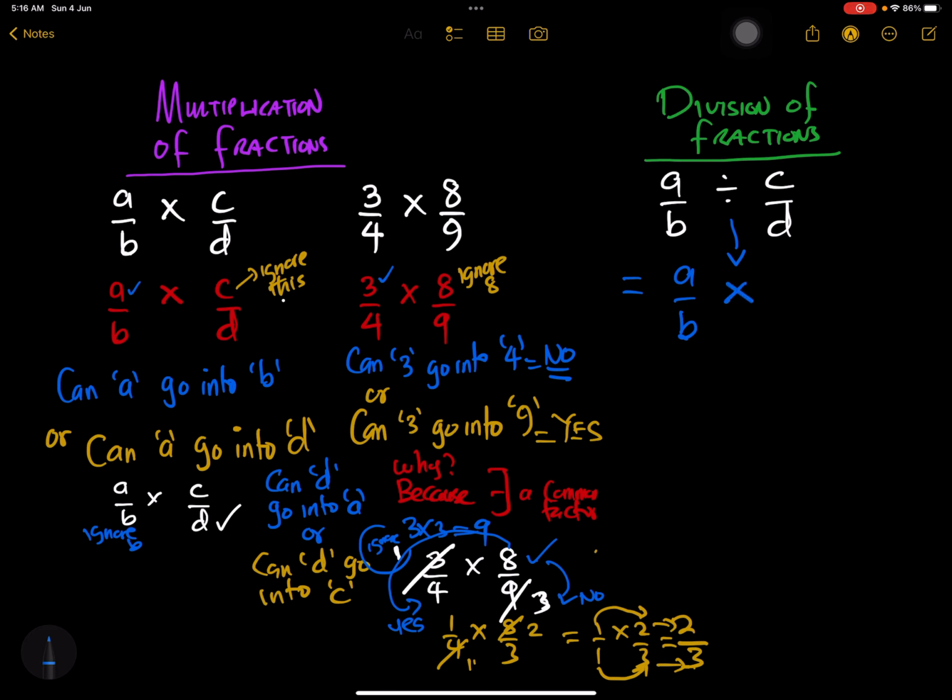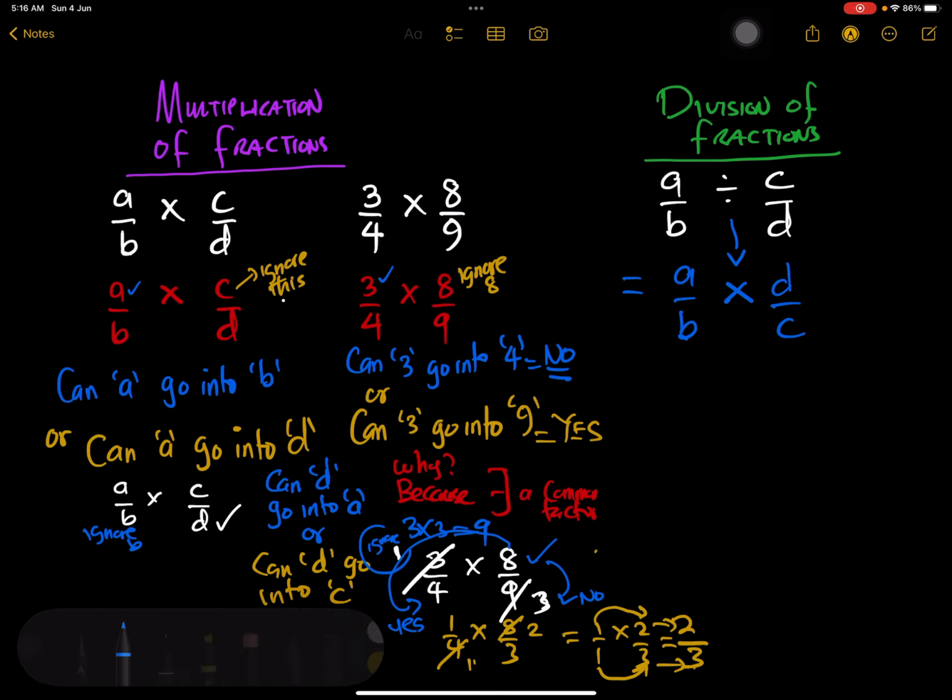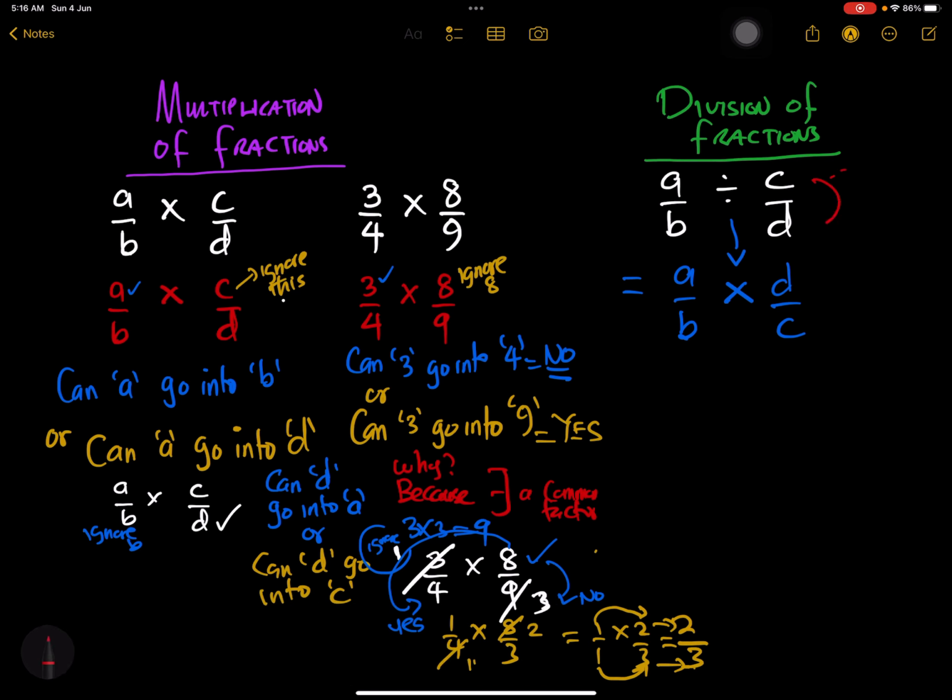The moment we do that, we turn the next fraction upside down. So we're going to get d over c. What happened there was we did a reciprocal of d and c.